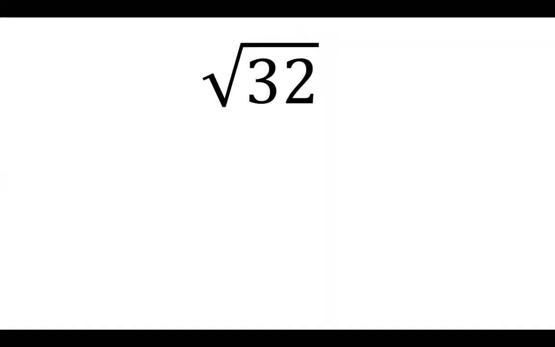So for example, square root of 32. There's no number where I multiply the same number to give me 32. We know that 8 times 4 is 32, but 8 and 4 are not the same. It has to be either 4 times 4 or 8 times 8. It must be the same number when we look at square roots. So what do we do when we have numbers that are not perfect squares?